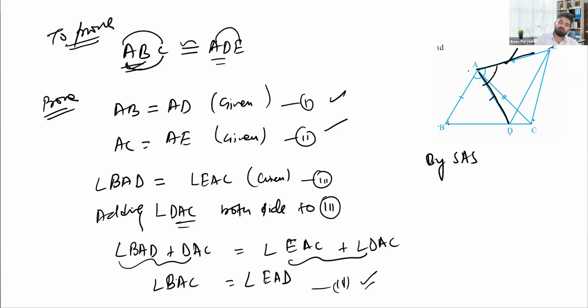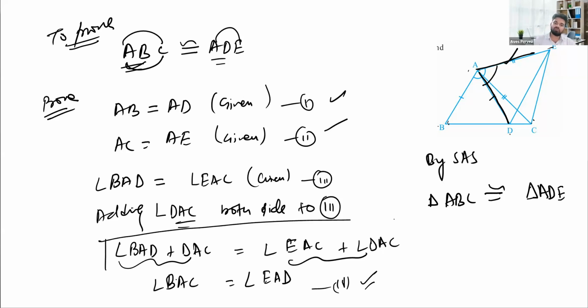So by side angle side, triangle ABC is congruent to triangle ADE. Therefore, by CPCT, we prove this. The main thing here is that we add this common angle to both, since only a small part is given to us. So that's why it is equal.